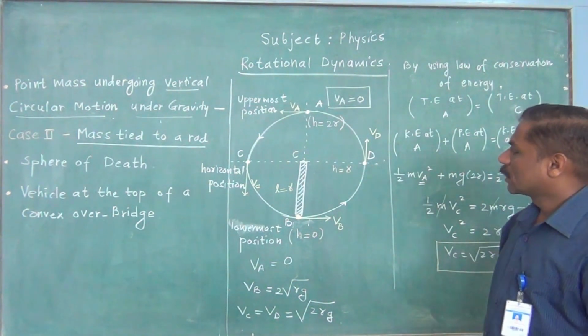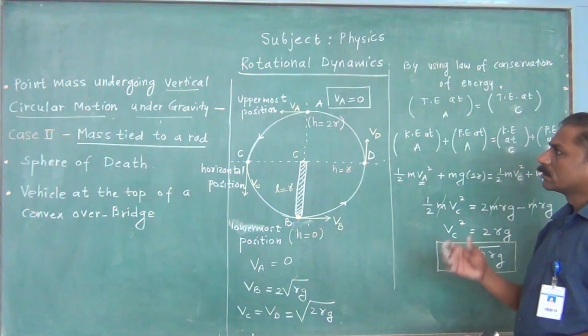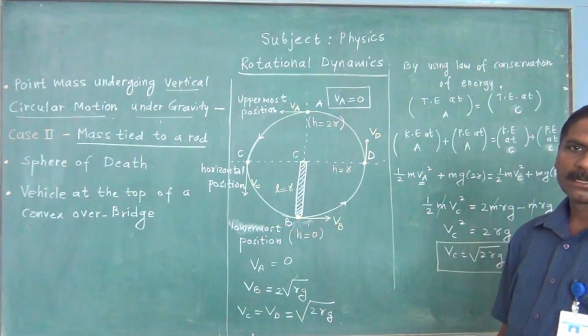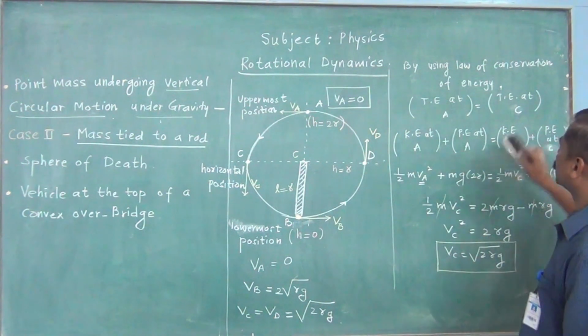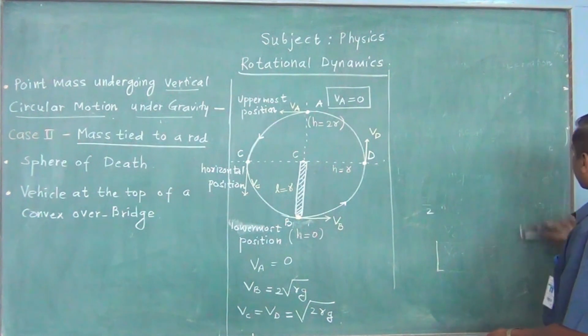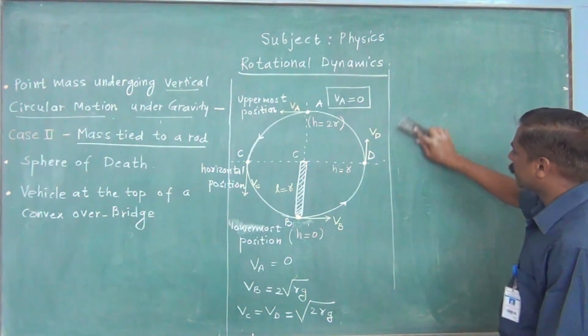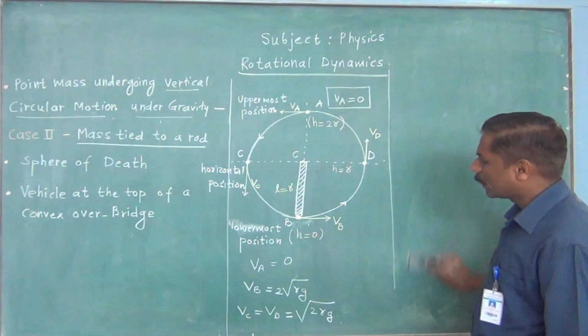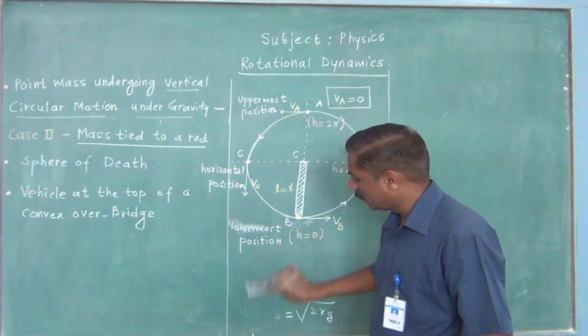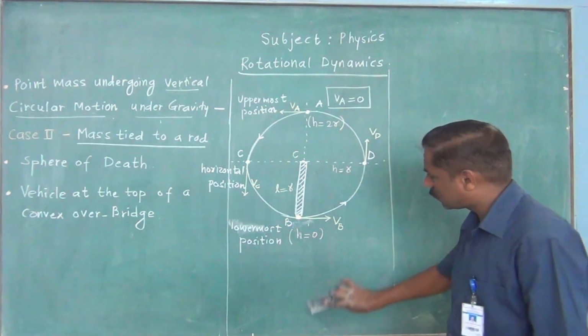Okay. Now when we consider the tension difference in case of this mass tied to the rod, you will find the same result will be observed. What do you mean by the same result?